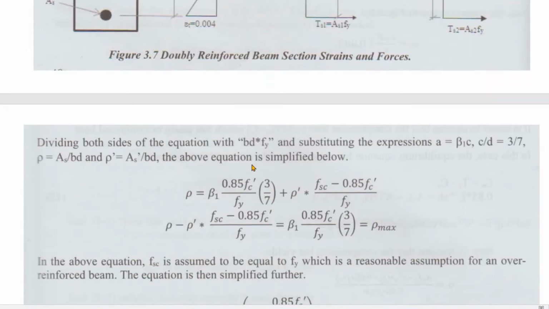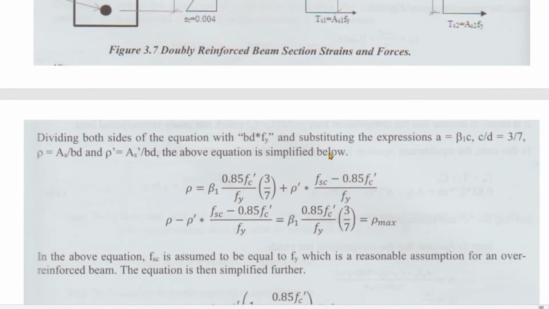Okay. And substituting the expression a is equal to beta 1 c, tapos yung ratio na c over d is equal to 3/7. And then your steel ratio, which is rho is equal to AS all over bd. And then yung rho prime, which is equal to A prime S all over bd.